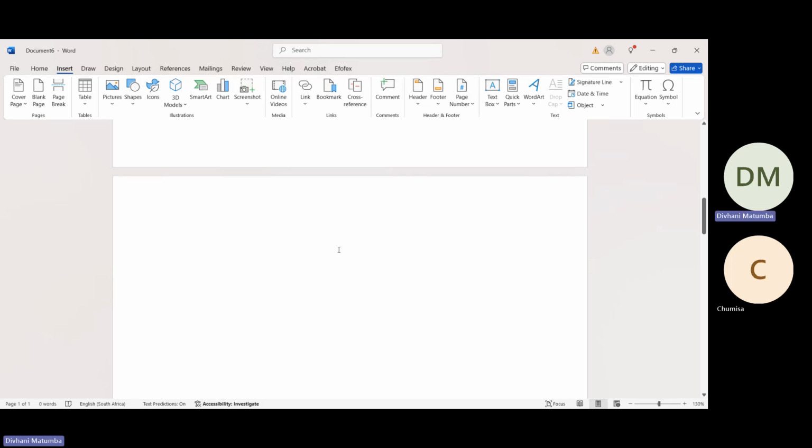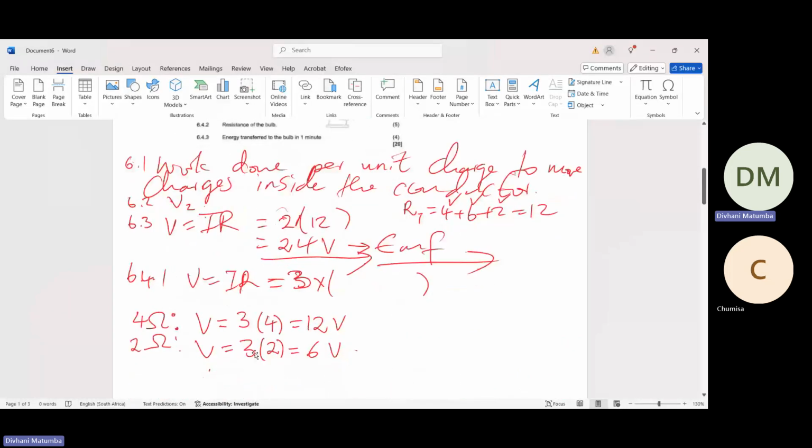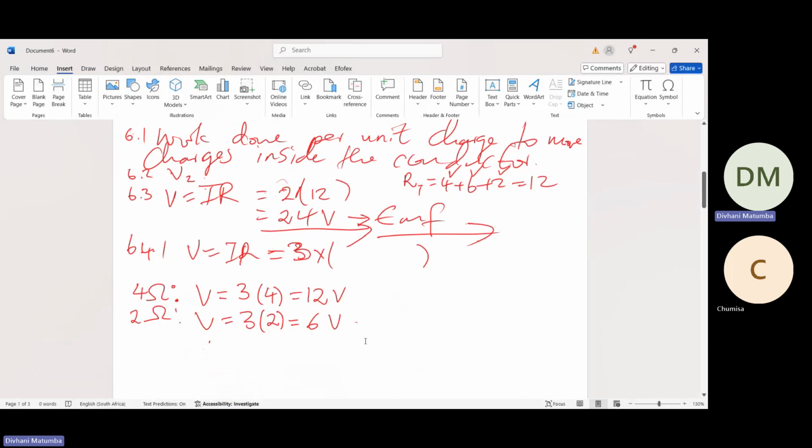If we know that the 4 ohm resistor consumed 12 and the 2 ohm resistor consumed 6, and the total is 24. So how can we calculate the voltage on the parallel connection?